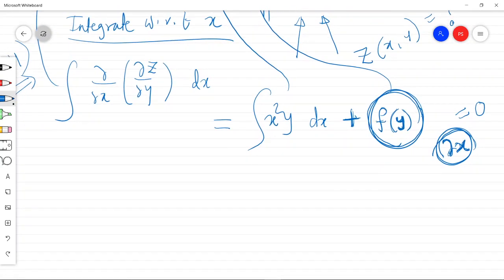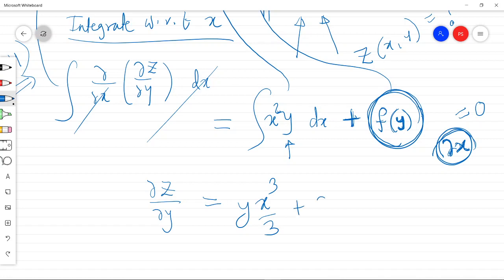Now since this integration is with respect to x, we are left with dou z by dou y is equal to, again y is a constant in this case since integration is with respect to x, so y comes outside the integration, and integration of x squared is just x cubed by 3, plus f of y.